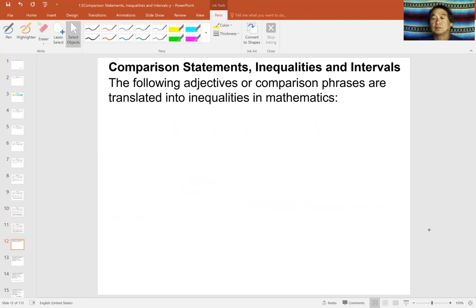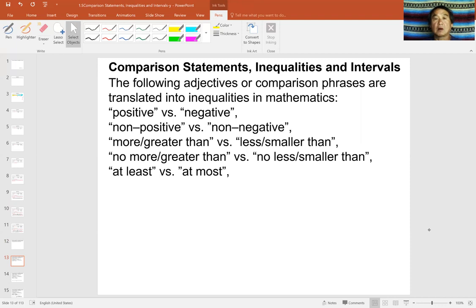Now, these inequalities translate to everyday statements. We will call them comparison statements, with adjectives.